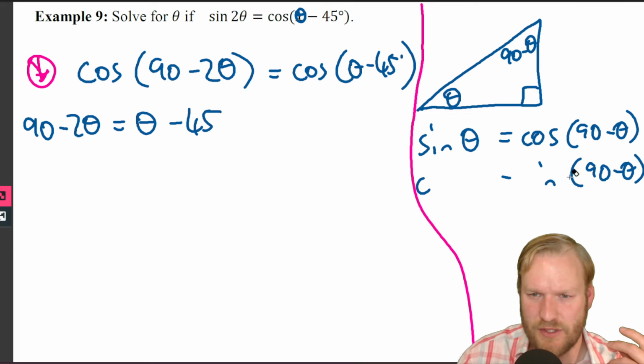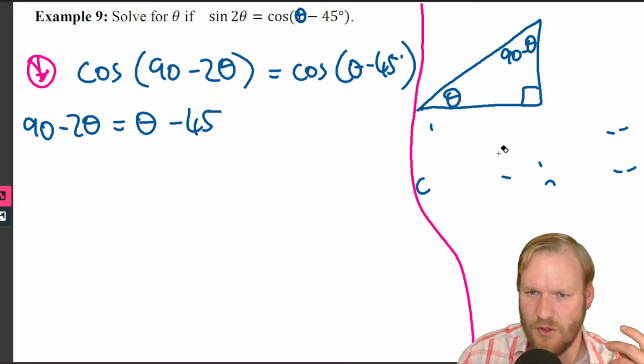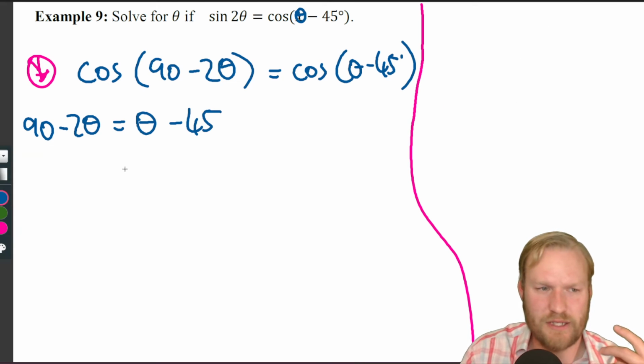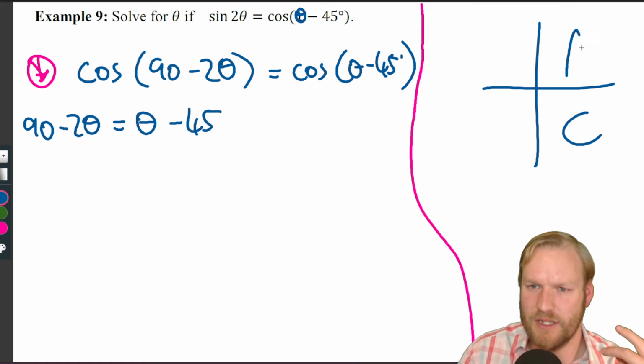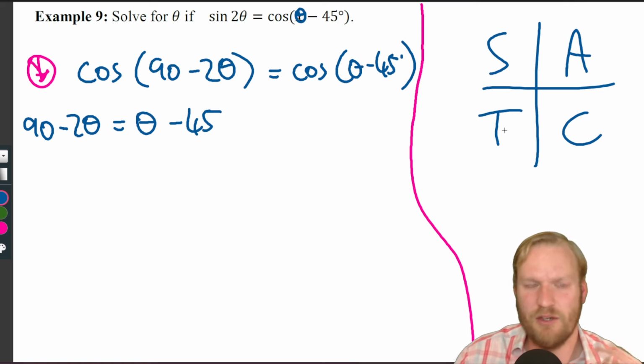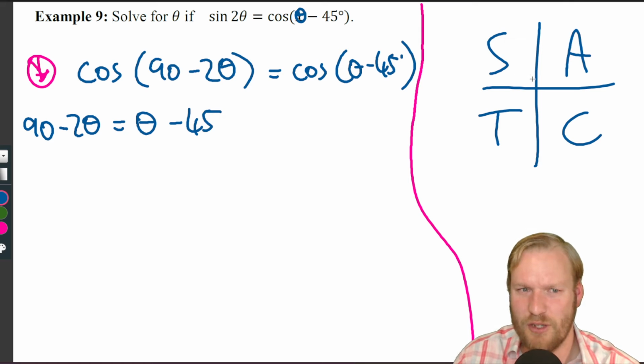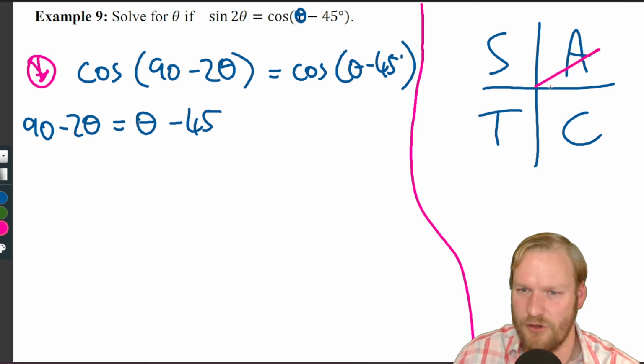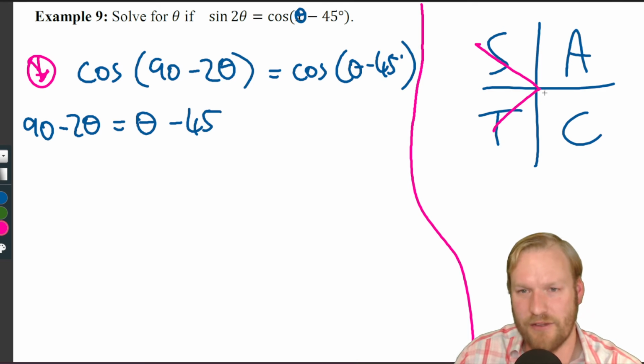But let's just revisit our CAST diagram. Whenever we had some sort of reference angle, we looked there and went CAST, and we said, but wait a second, there were always two solutions. So if cos was positive, we would have gone there and there. If cos was negative, we would have gone there and there. So let's say that both of these are positive, and we'd be there and there.